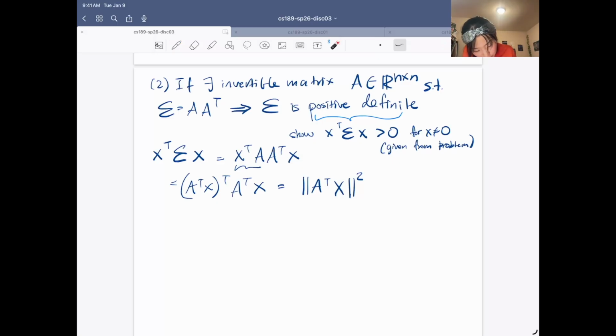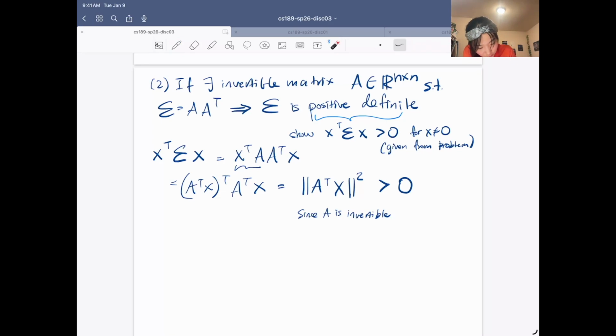And notice how the square norm always must be greater than or equal to 0, but in our case, it's actually strictly greater than 0. And the reason we know that is because A is invertible, right?